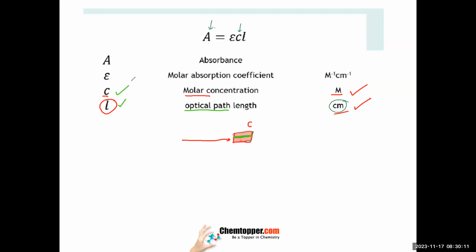Okay, good. Now let's say the incident light has the energy like hv naught, right? Incident, starting. But once it has entered in the tube, some amount of the light will be absorbed because you can see it's colorful. So some amount is absorbed here only.